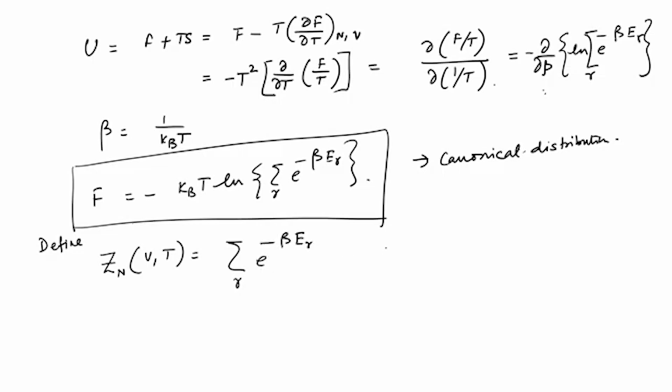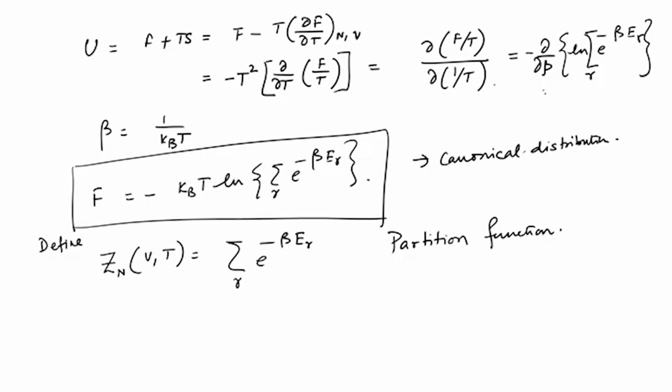This is called the canonical partition function, and it is a central theme for quite a bit of the discussion that would follow.